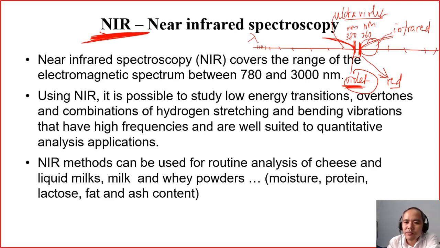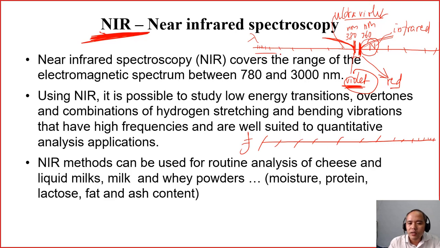Near infrared is a spectrum in the wavelength range just above the wavelength of red light. But when we talk about frequency, it goes the other way. When the wavelength is smaller, the frequency is larger. The frequency is proportional to energy.